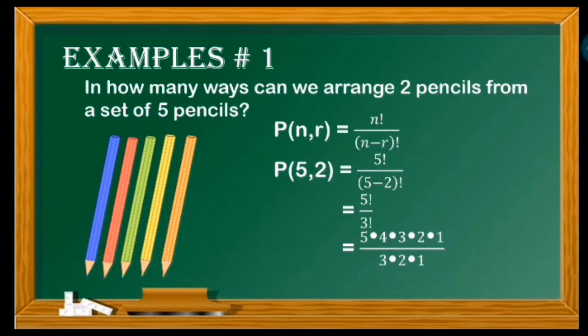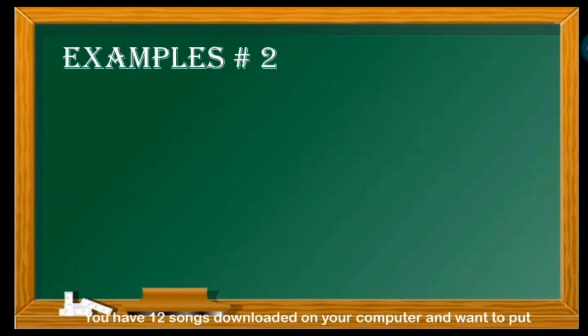Since there are common numbers, can we cancel them, class? Yes, we can cancel them since they are common. So we're going to cancel 3, 2, and 1. Then our final answer is equal to 20. So do you want another example? So yes, we're going to go to example number 2.